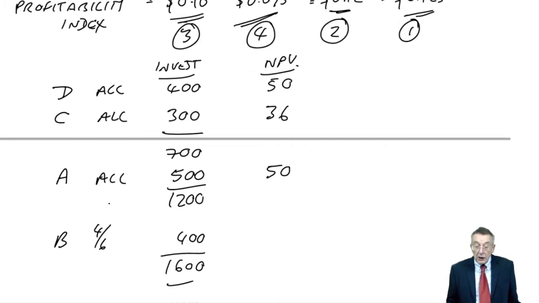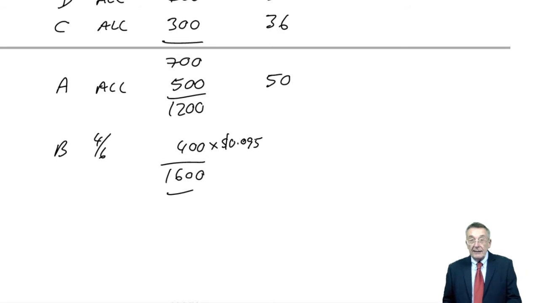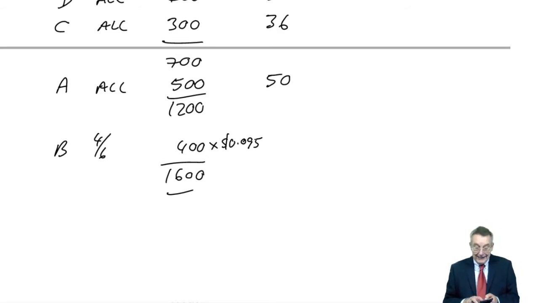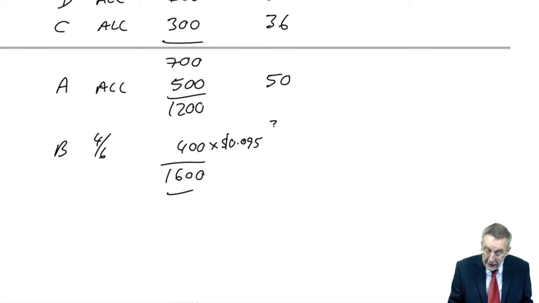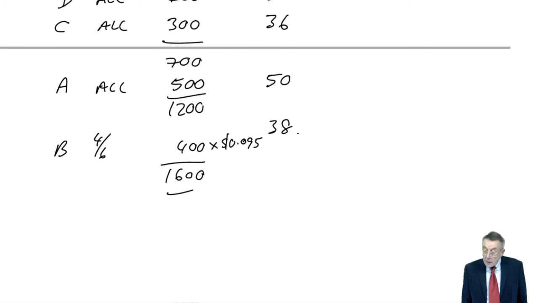Well, it can be 4/6 of the total, or remember, it's 9.5 cents per dollar invested, which is 38. And there we are. We've invested our total of 1,600.